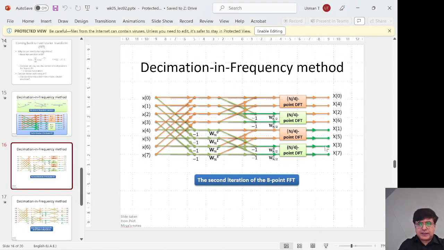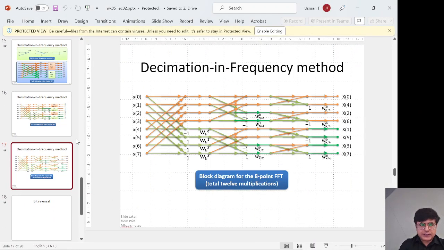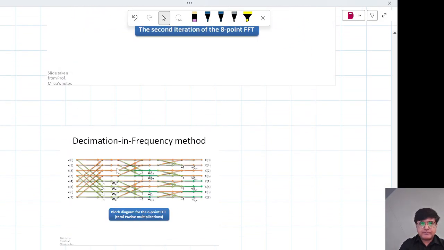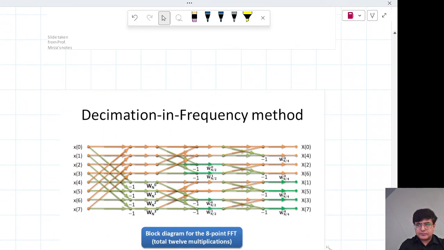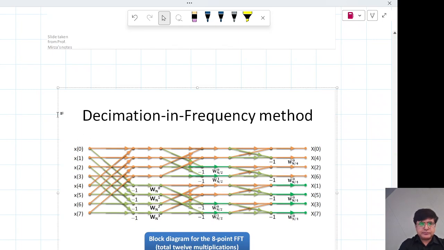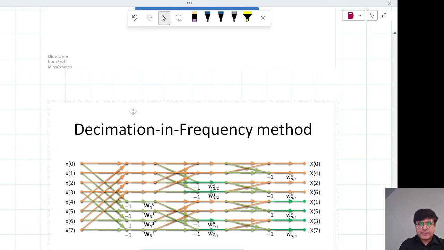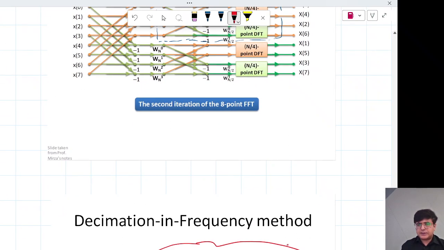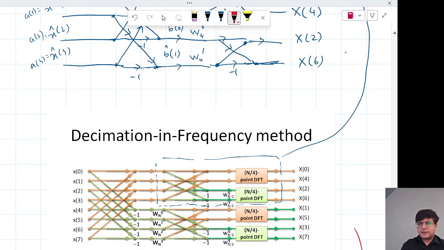And then the next slide that you have, which is this guy, the next one, this one, this whole thing, just use a different color marker. So this whole thing is the same as what you have over here.